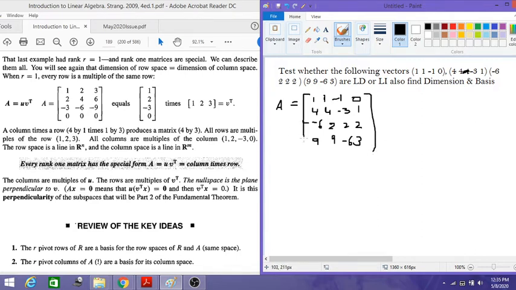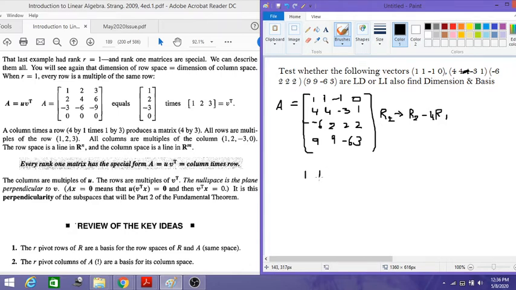So now what we have to do is bring this to the reduced form. So let's start bringing it to the reduced form. I'll replace row 2 with row 2 minus 4 times row 1. So then what do I get?